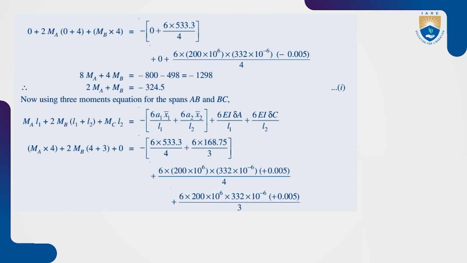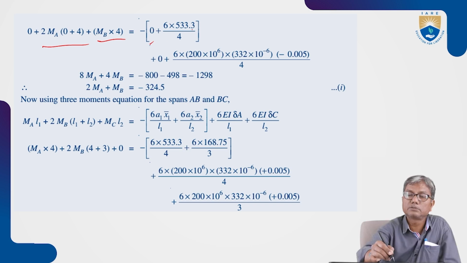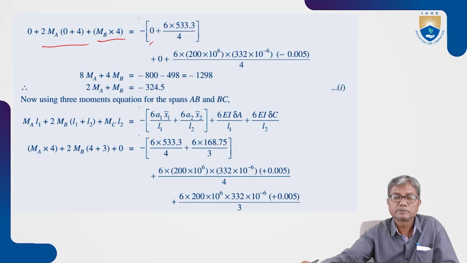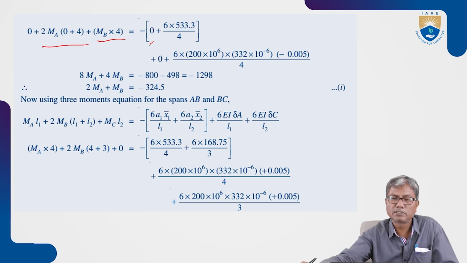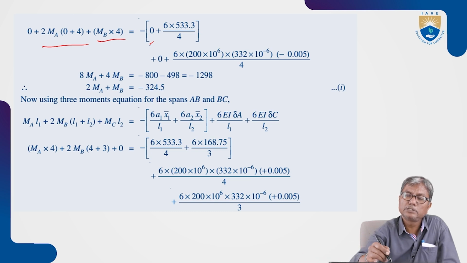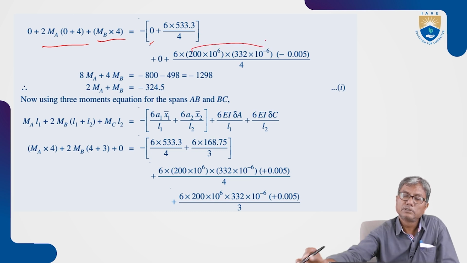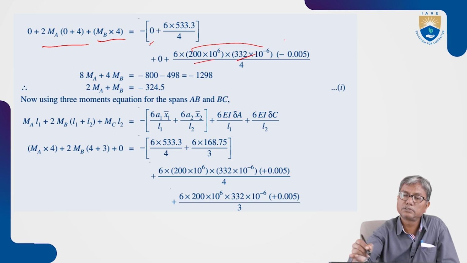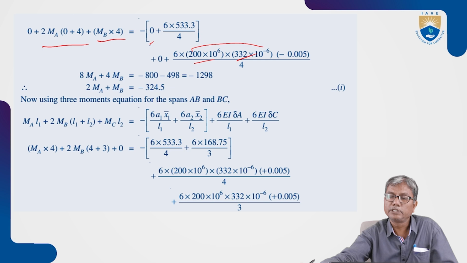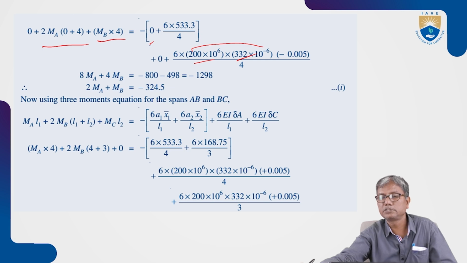Now substituting the values, we will have 8 MA plus 4 MB equal to 6 A1 X1 bar. First term is 0. A1 X1 bar we have calculated, it's 533.3 by 4 into EI. Just now we have calculated it as 66400. Otherwise, you write E and I. Delta B is minus 0.005.